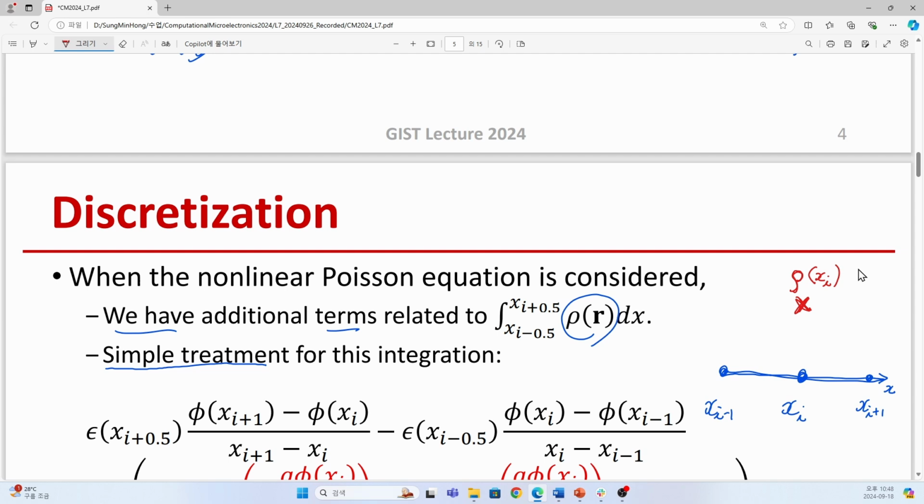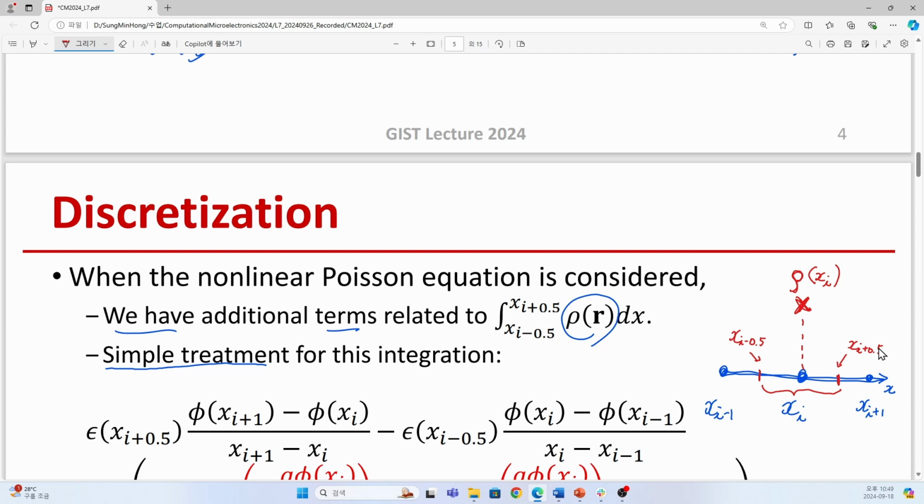But at least we know the center value, and we want to integrate it over this range. This point was denoted in our notation as x_i minus half position, and this position was denoted x_i plus half position.